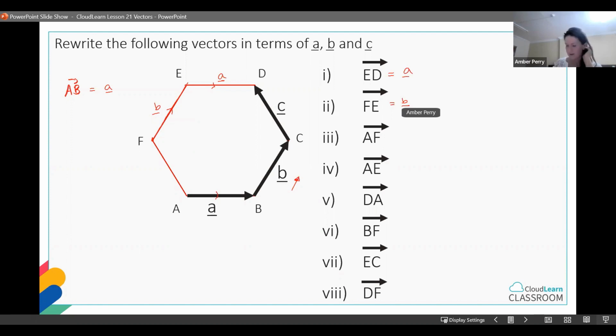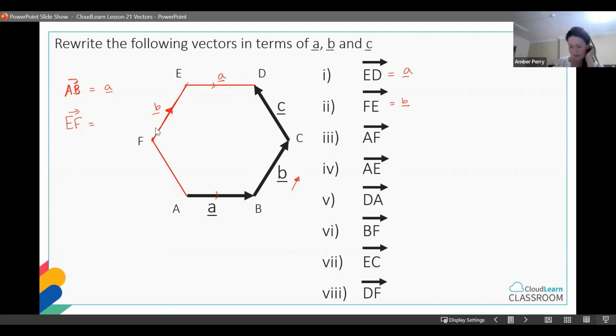Now, it's not my next question, but I just want to say, if I wanted to know what the vector EF is, if the question said E to F, I could not write down B, because B is actually only going in the direction from F to E. It's going in the same direction as this one from B to C. So if I wanted to write EF, I would have to say that it was minus B. It's going in the opposite direction, but it's the same length, and it's parallel.